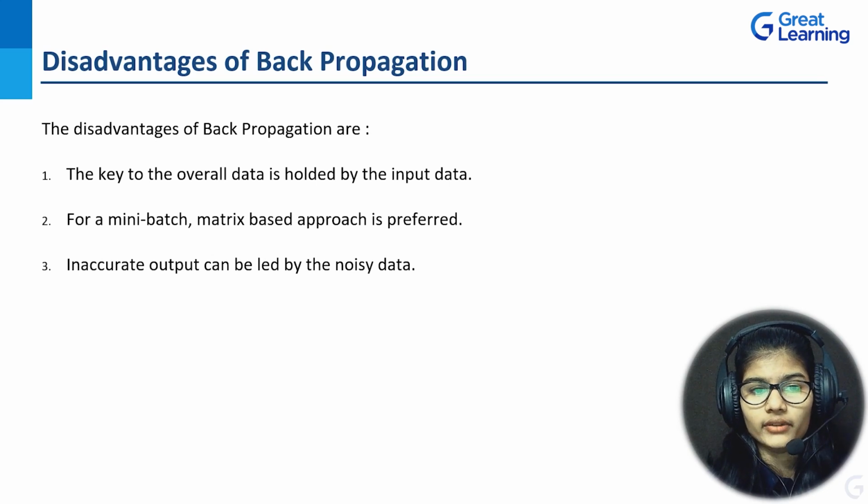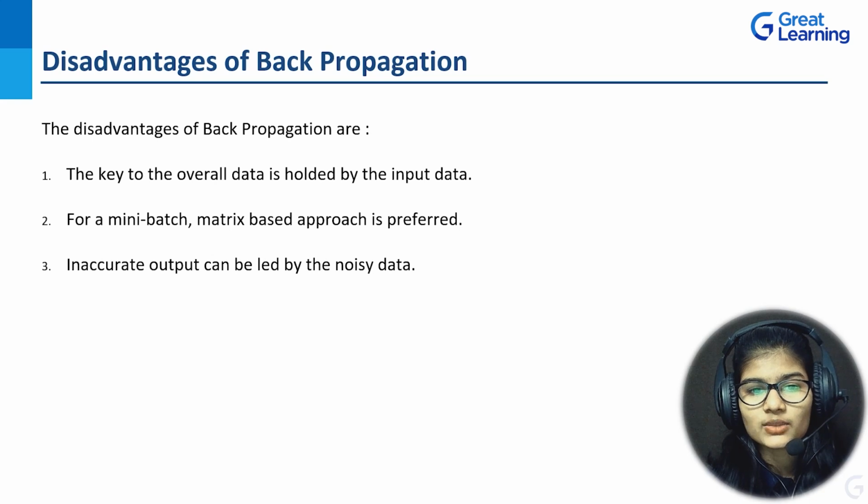whatever data we have, the complete data is held by the input data. One disadvantage in back propagation is that the key to the overall data is held by the input data. Now, when we are dealing with mini batches, a matrix based approach is preferred.